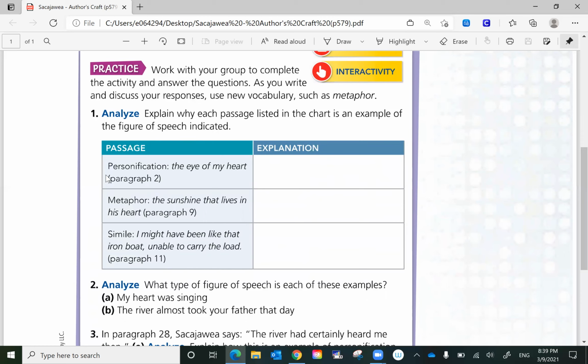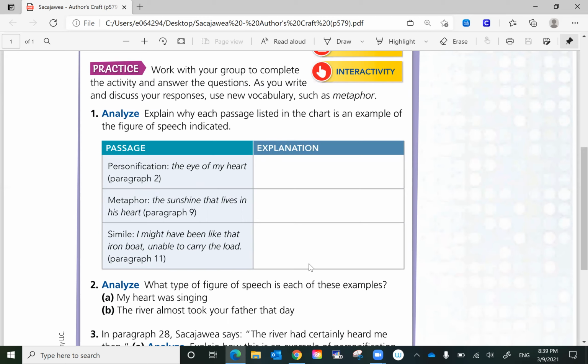So basically it does the legwork for you on this first chart. It gives you what the figure of speech is, and it gives you the text and where to look for it. You now have to explain why this phrase is personification, or you have to explain why this phrase is a metaphor, and so on with this one.